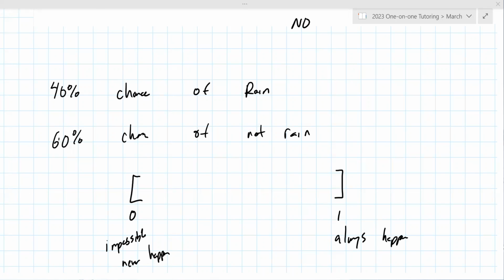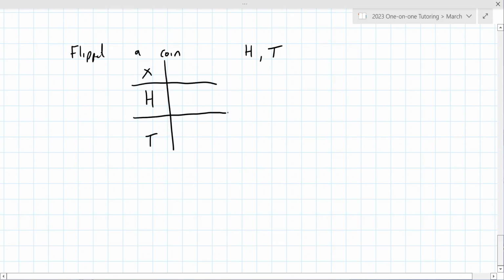Okay. Have you ever flipped a coin before? Yes. There's a head and there's a tails. Would you agree with that? Yes, very much. Okay, so there are two outcomes. X is the letter that's assigned to the outcome. What is the probability of getting a head or getting a tail?